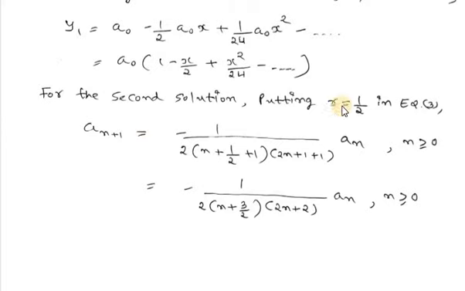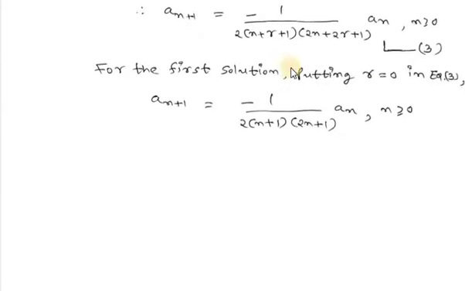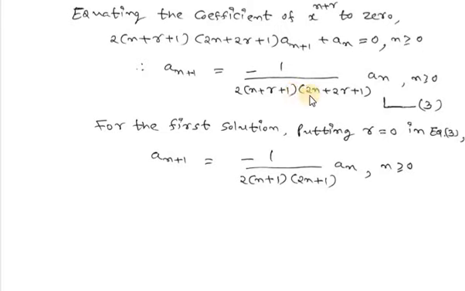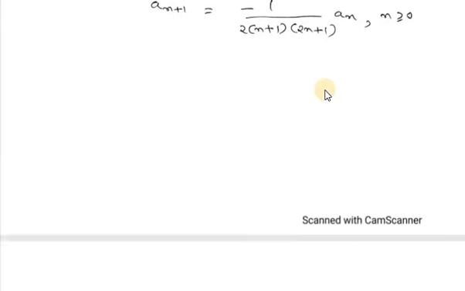Now we will find out the second solution for r equals to 1 by 2. So we will put down the value of r equals to 1 by 2 in equation 3. Equation 3 is this one.